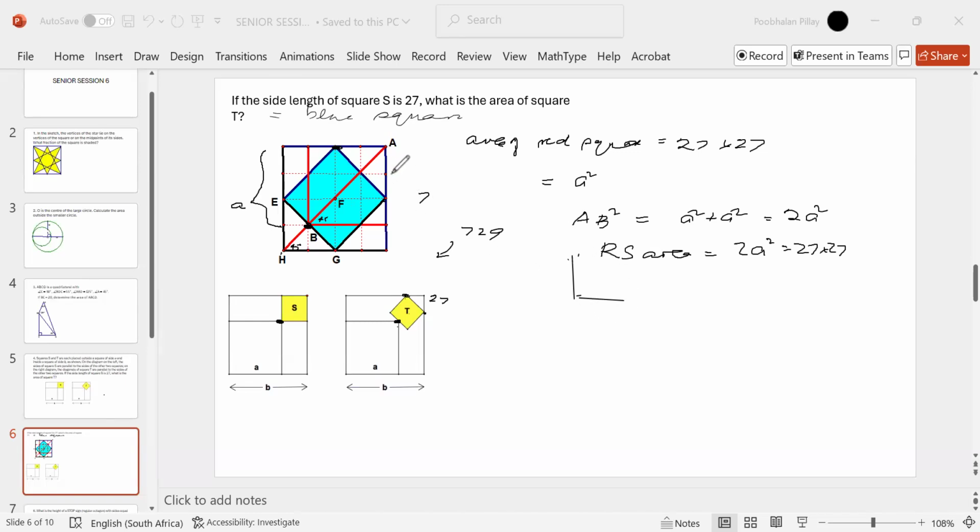Now, if you look at this thing here, you've got a small square here, E, F, G, H. It's a square. I've divided it up into four equal parts here. And you'll notice that B is where these two diagonals intersect. The two diagonals of the square E, F, G, H intersect, and you know that they will bisect each other. So what does that mean?